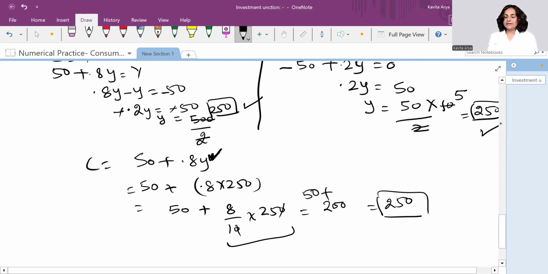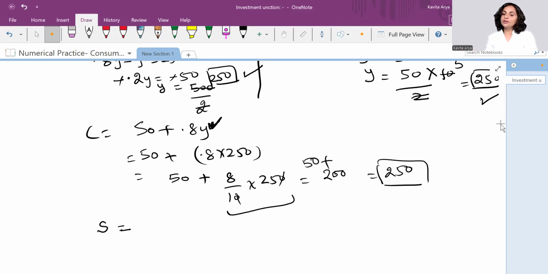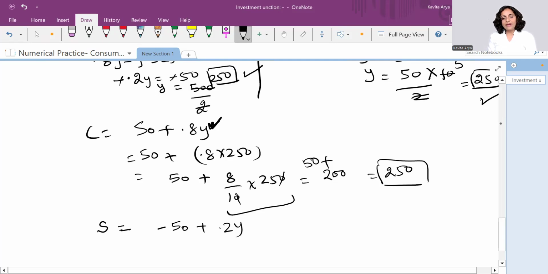Another question can be there: can you find the level of savings at break-even? Yes, we can find it. We have to put the savings function and then put the value of Y as 250, and you would find that saving comes out to be 0.